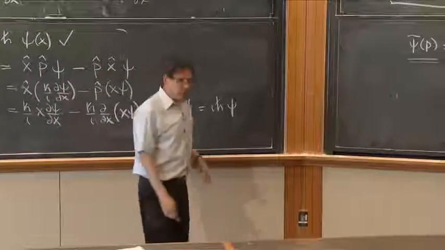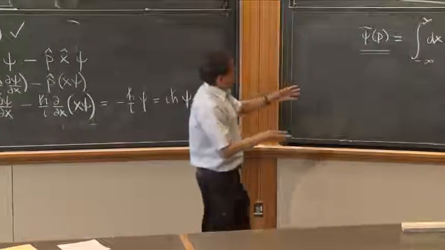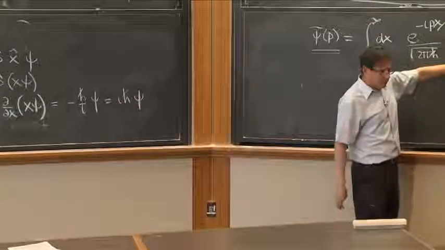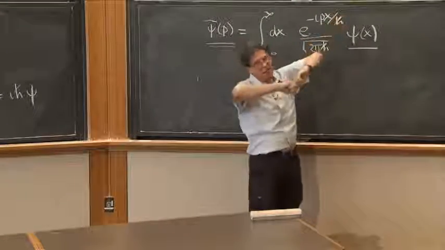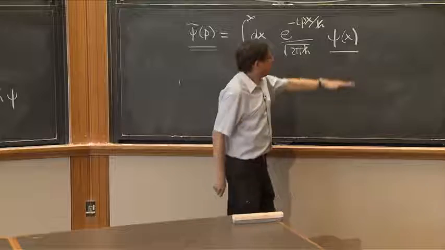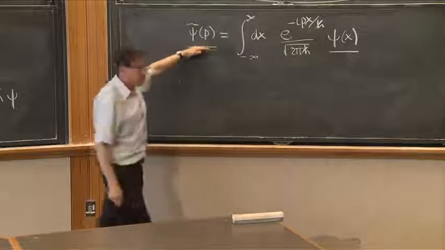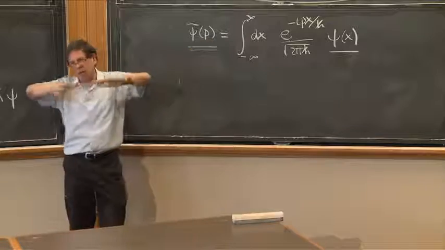What is the relation between them? We thought of this as a vector in position space, an infinite dimensional space that is talking about positions. This is another vector in momentum space. Just p, think of it now, the infinite line.